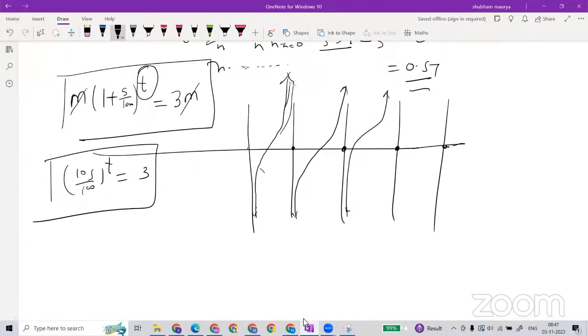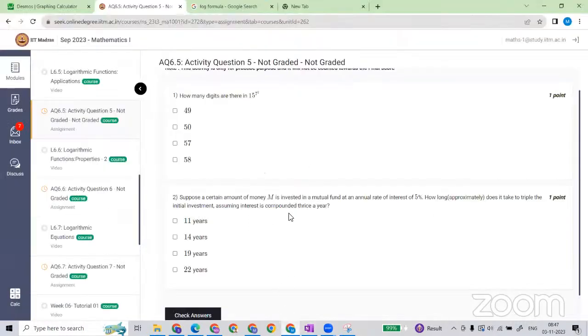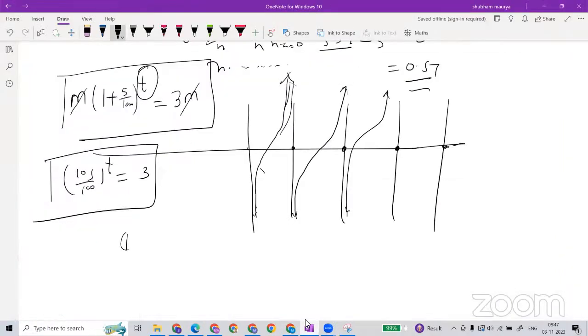Thrice a year means compounding 3 times a year. It is not quarterly; it is written properly as thrice. That means quarterly, 4 plus 4 plus 4? It will become 12, right? Does it affect the equation?